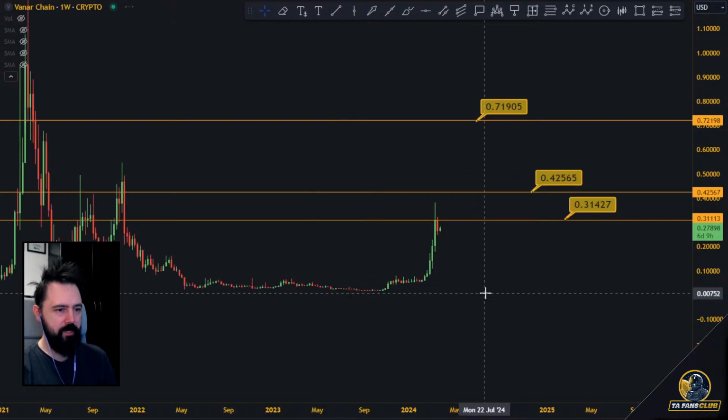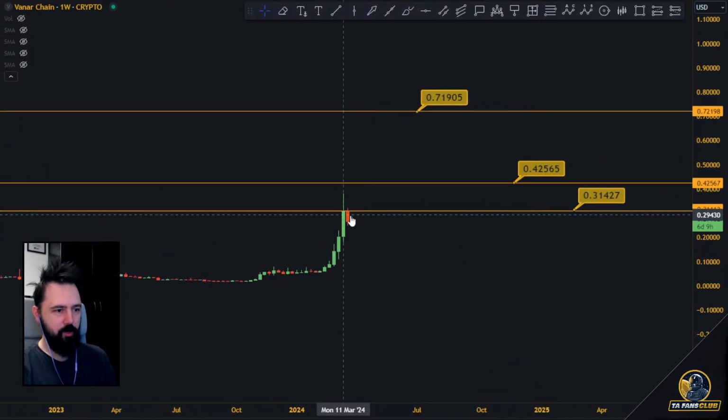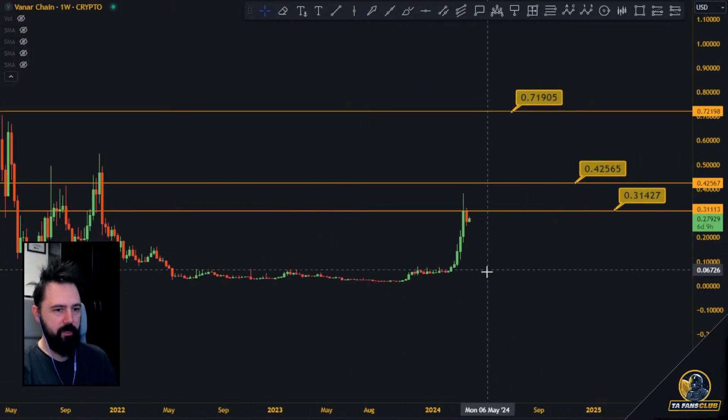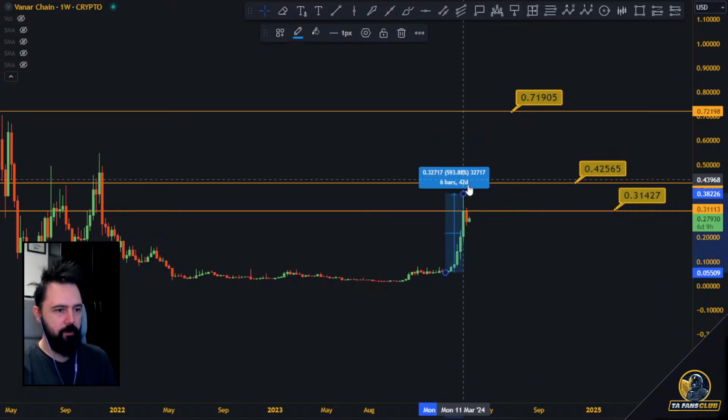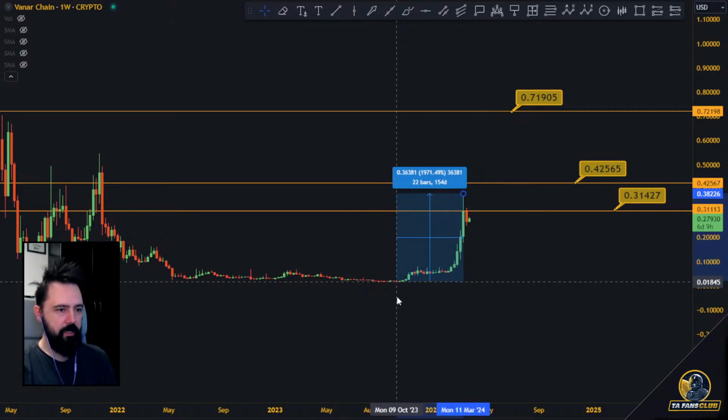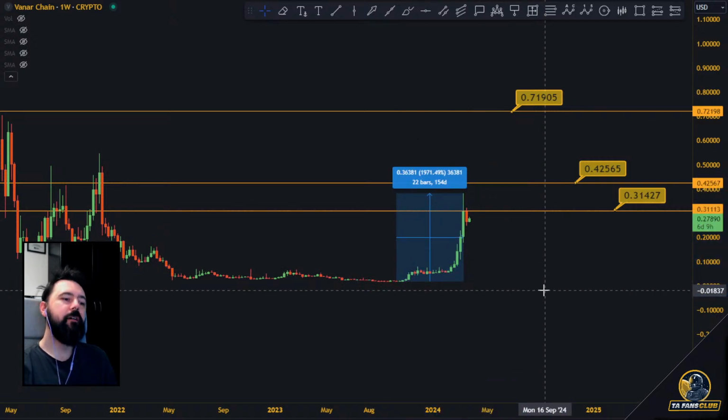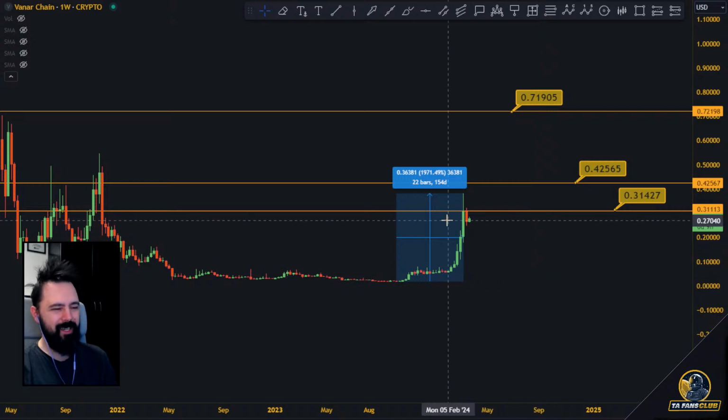Regardless of the price section up here, you can see it broke up there, but right now it got rejected by 31. The last pump, 6-7x. But from the bottom, it's something like 20x. This is a 20x move.